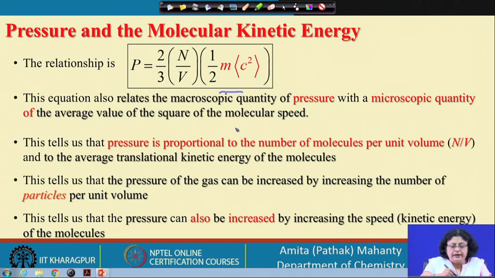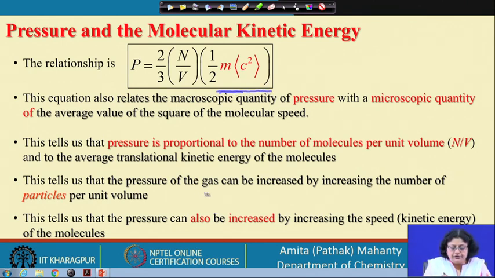So, the pressure is proportional to the number of molecules present in the system per unit volume, and it is also equal to the average translational kinetic energy of the molecule.